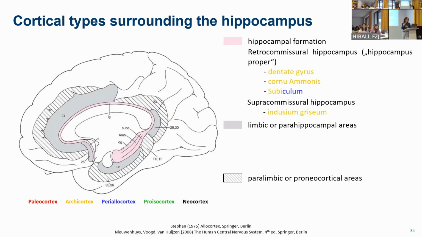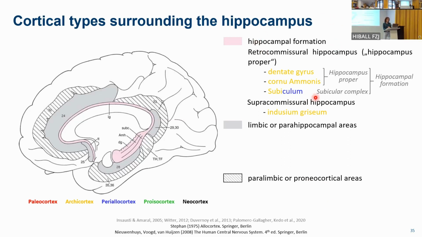Nieuwenhuis belongs to the scientists that believe that the subicular complex is part of the so-called hippocampal formation, right? So he thinks that dentate gyrus and cornu ammonis are hippocampus proper. He talks about subiculum here because he has simplified the subicular complex into just subiculum.